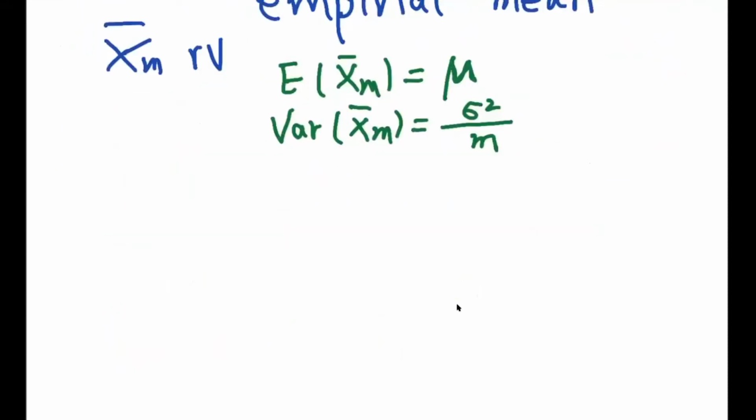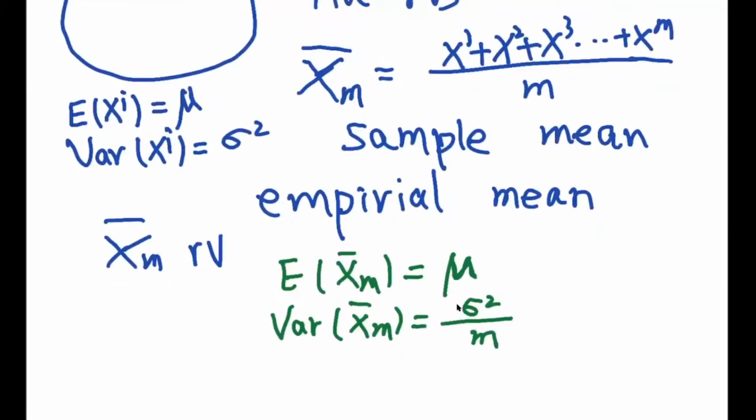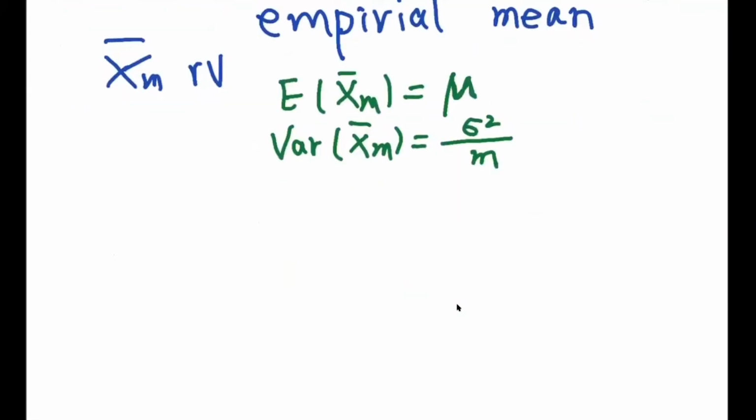Okay, and then I will plot a graph to show you how this exactly looks like. We should notice here, it is divided by m. So when m gets larger, this variance of sample mean will get smaller, right? A smaller variance means less fluctuation, right?